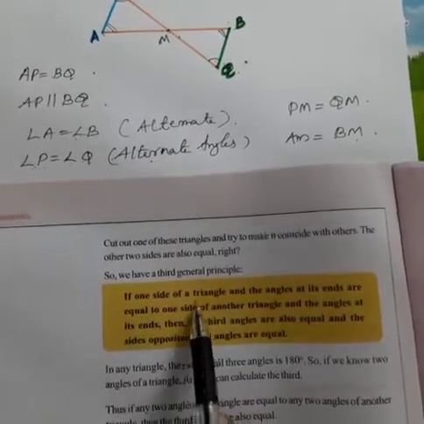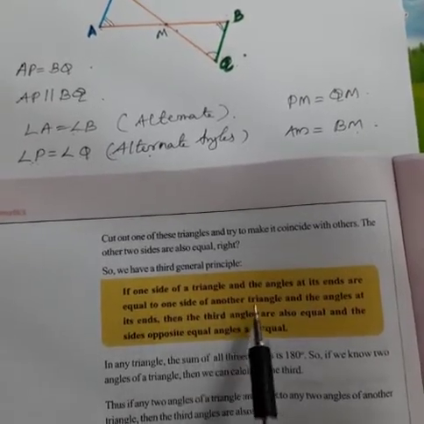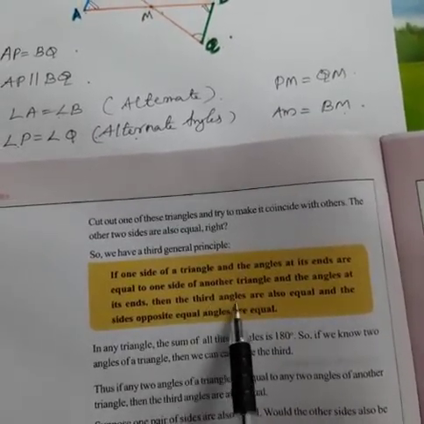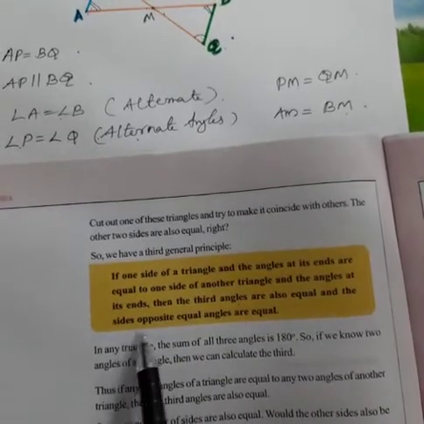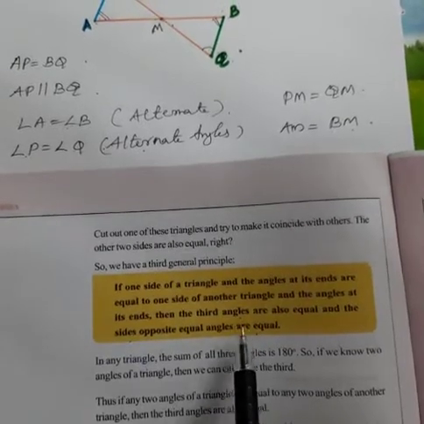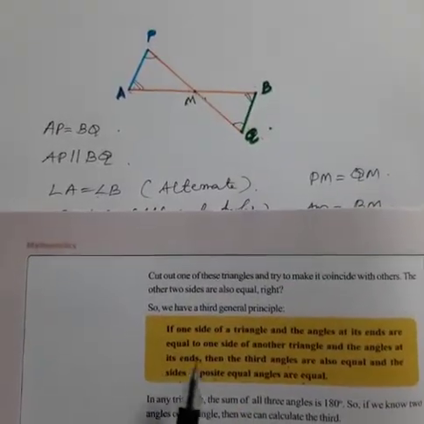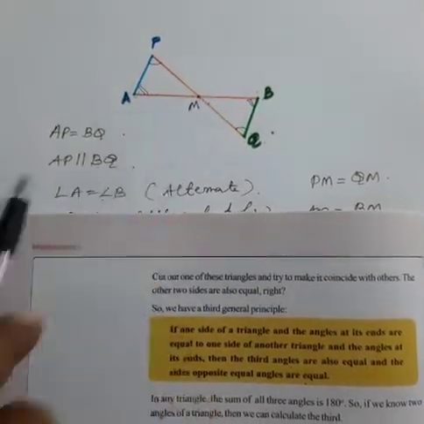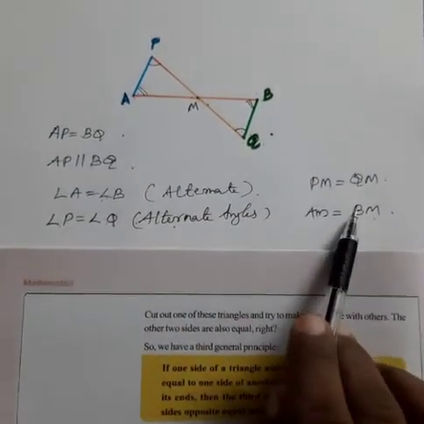If one side of a triangle and angles at its ends are equal to one side of another triangle and the angles at its ends, then the third angles are also equal, and the sides opposite to equal angles are equal. Using this law, we wrote like this. So these two triangles are equal because their angles are equal and the sides are also equal.